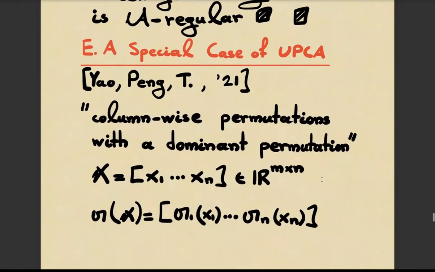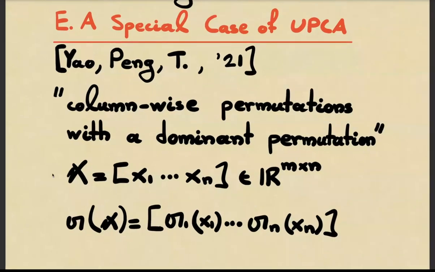So what does that mean? If we take our rank R matrix, X, and we write it in column form, we assume that the permutation of X acts column-wise. So elements across columns are not being swapped, only elements in the same column.